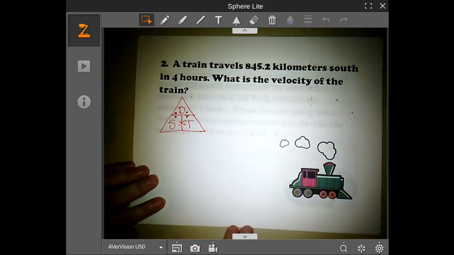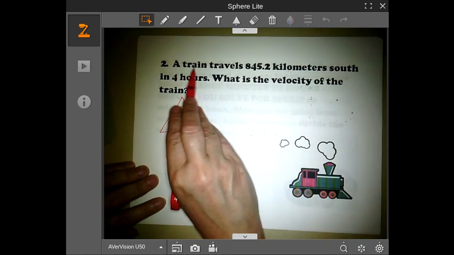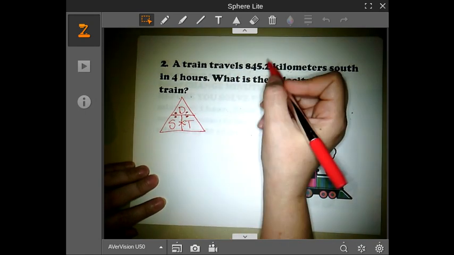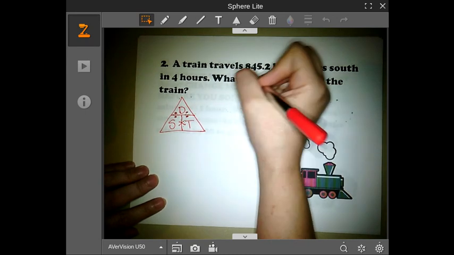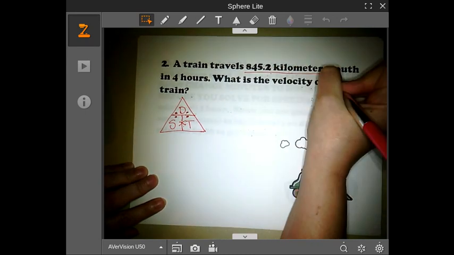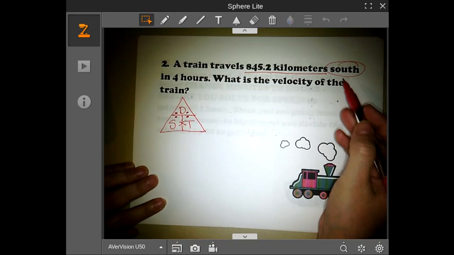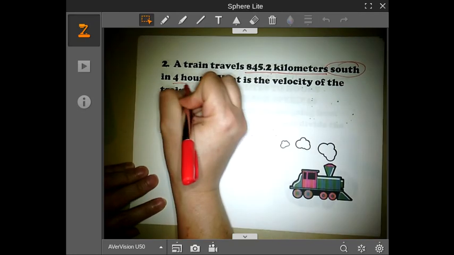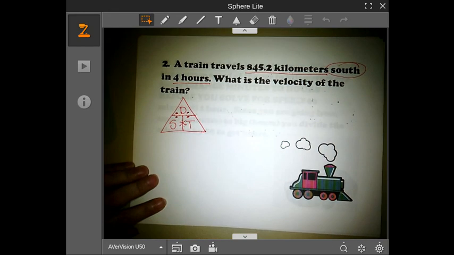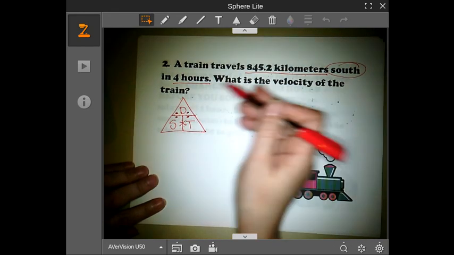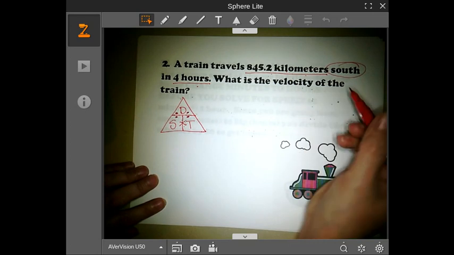Now, let's read the question. A train travels at 845.2 kilometers south. Now, again, we don't know if that's important yet, in 4 hours. So again, we have kilometers and we have hours, so we have the distance.